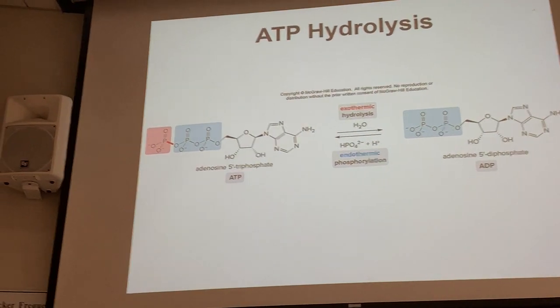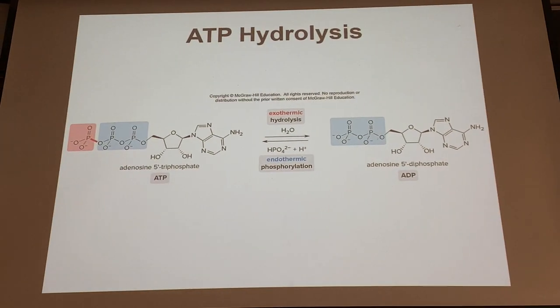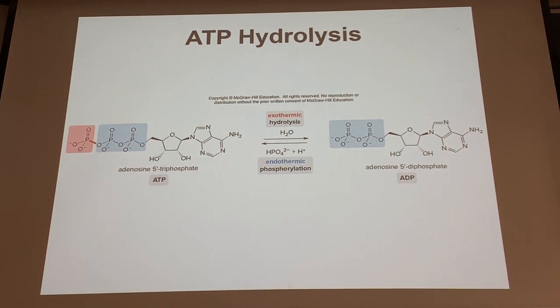The hydrolysis of ATP releases energy. It is an exothermic process, and here we see it on the screen. ATP, which we know now is a nucleotide, reacting with water, giving inorganic phosphate plus ADP as a product.